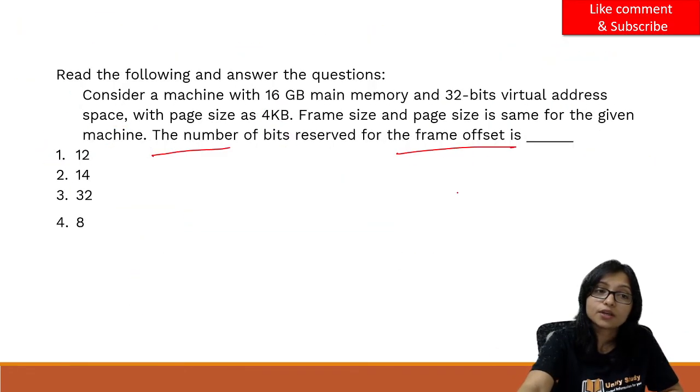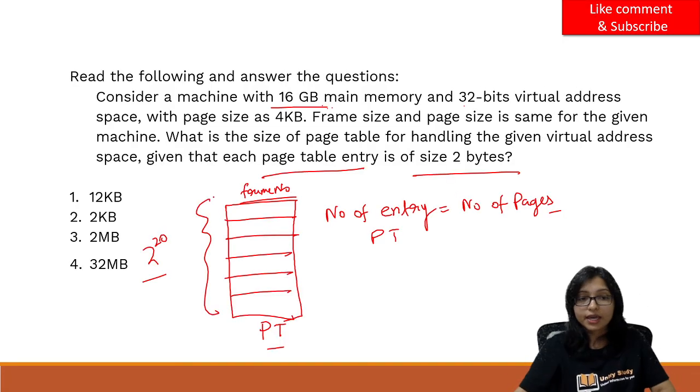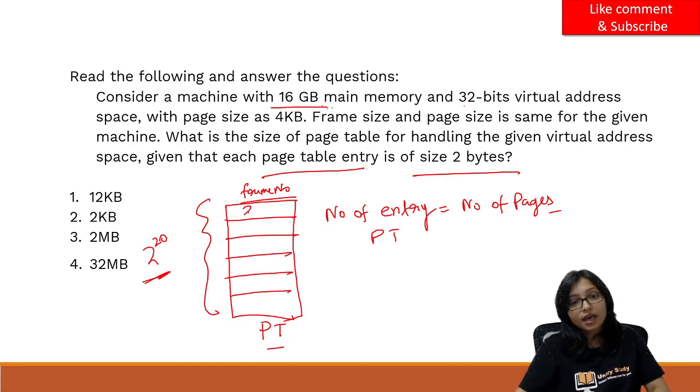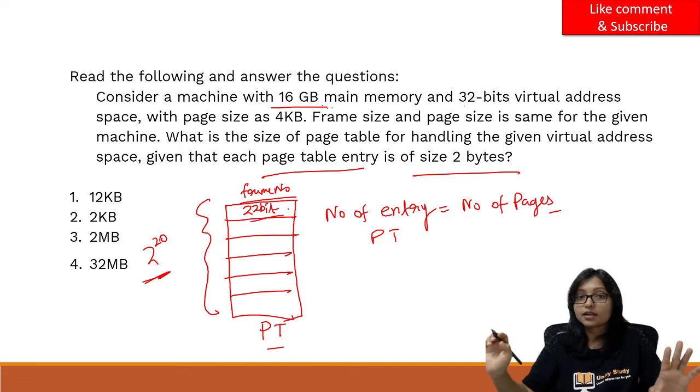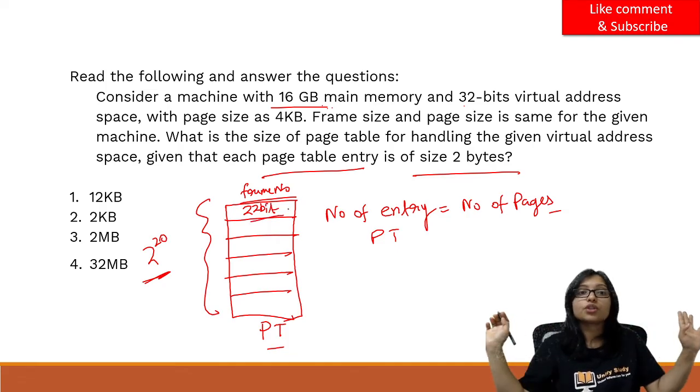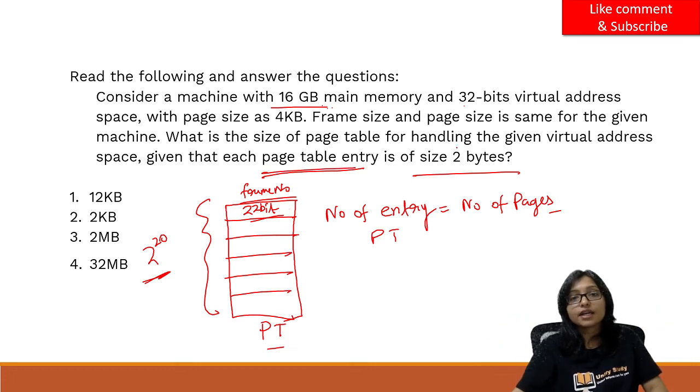So that's why what will be here? Here 2 to the power 20 and 22 bits are required actually. But in this question, no need to think about that, because in this question it is already given that the page table entry is 2 bytes. It is already given to you.